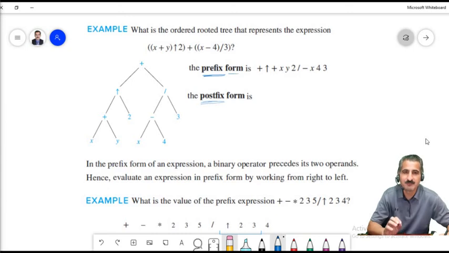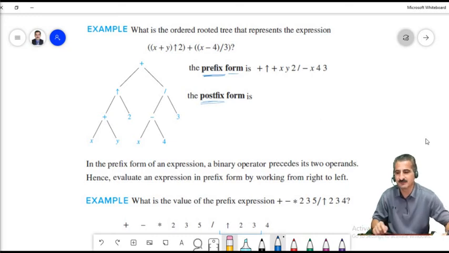Remember, the post-order traversal says visit trees from left to right and then take the root. So we will not take this root. Go to the left subtree in here, and then go to the left subtree again, and then go to the left subtree again.